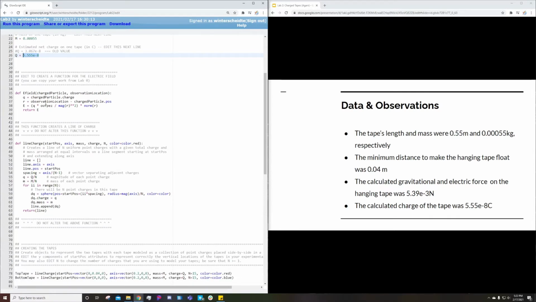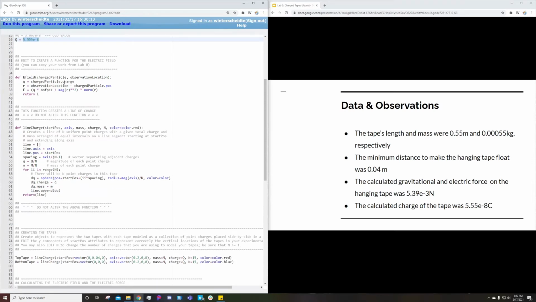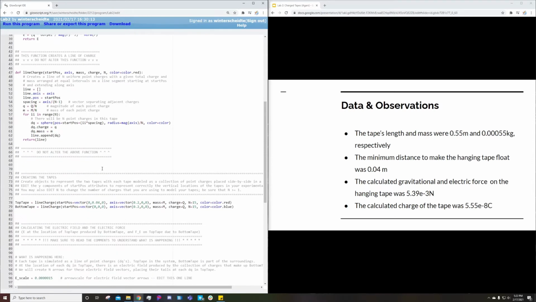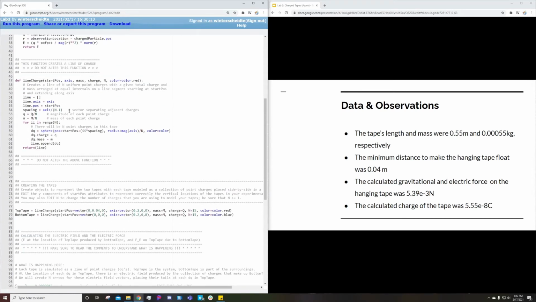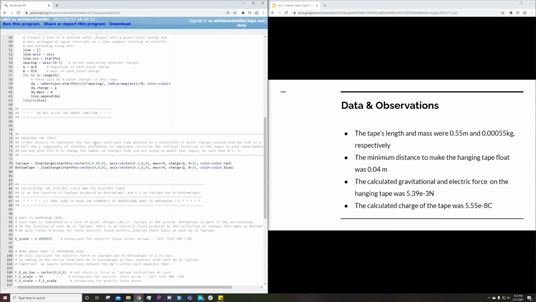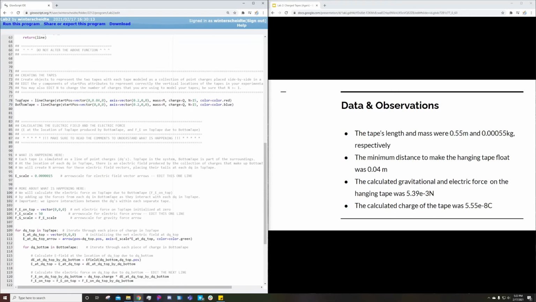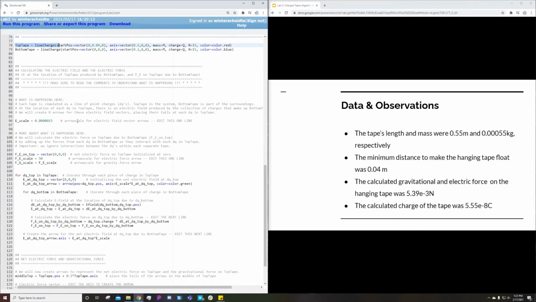Here is the definition of an electric field, and that function is called upon later in the code. This function creates the line of charge. And then here we create the physical tapes. I used 15 points. This is my electric field scale.